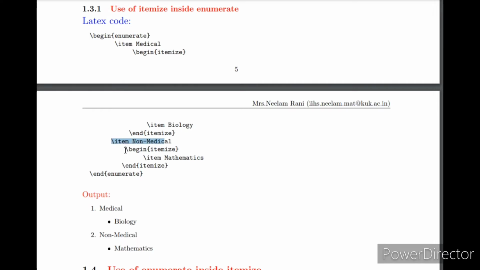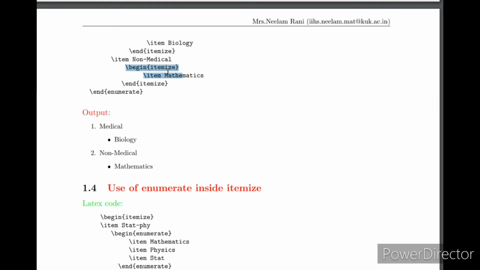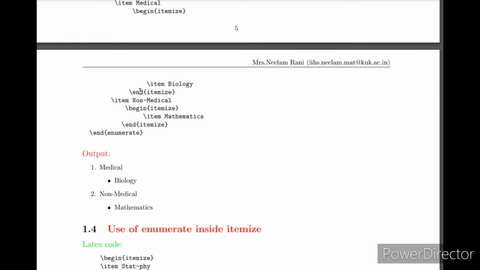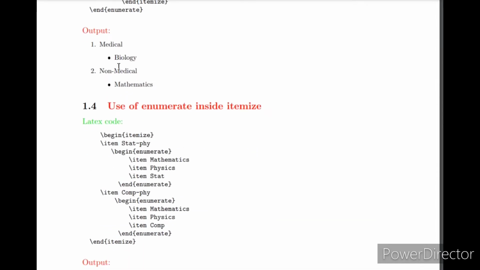In this environment I started a new itemize, begin itemize and end itemize, and I wrote that non-medical has the subject mathematics. You can extend this. I will show this in TeXMaker and the LaTeX output in our practical. First I am just telling the code. You can take a screenshot and practice it in your lab. It will produce this output.